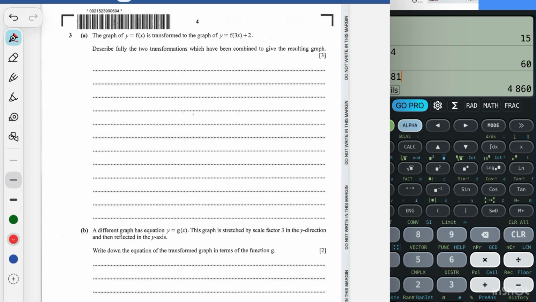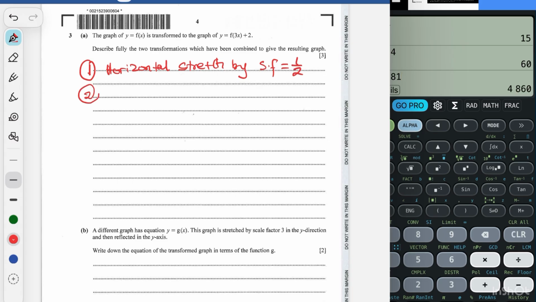So when you use transformation, the first one is horizontal stretch by scale factor. Please write scale factor in full, of 1 by 3.